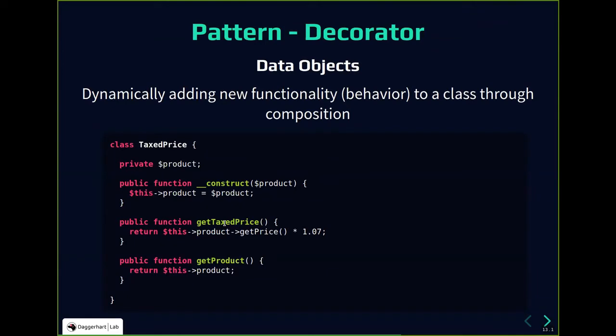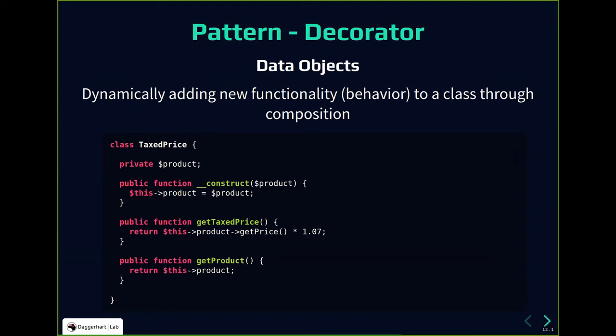The idea of the decorator pattern is to extend the functionality of a class through composition. Let's take, for example, a scenario in which we have a product of some type. Maybe it's a pizza. I didn't extend that metaphor, but we could.